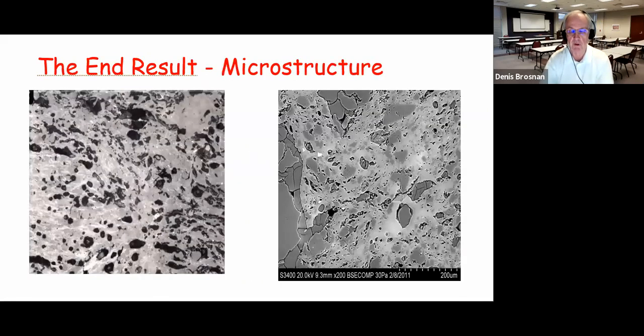If we look at a brick on a microscope, this is what we're going to see. The picture on your left is an optical microscope picture at fairly low magnification, likely about 100 diameters originally when I took this picture. And you see black spots all over the microstructure.